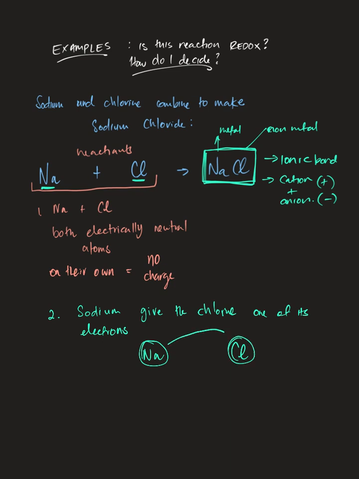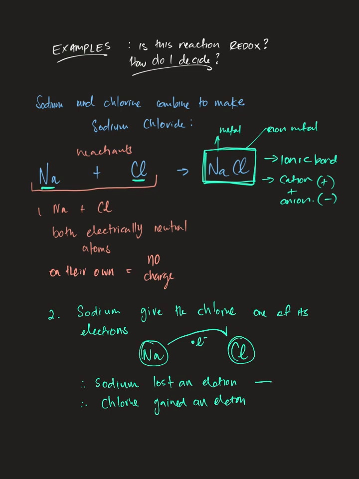So all I'm seeing is that transfer, that electron moved across. So here I can say that sodium lost an electron, and chlorine gained an electron.